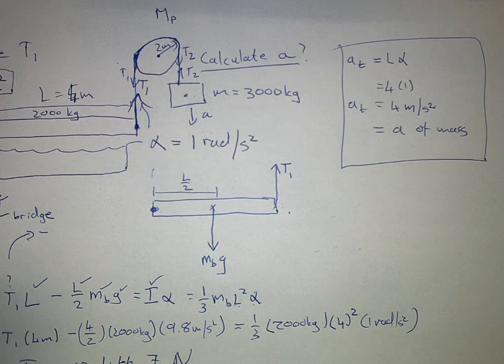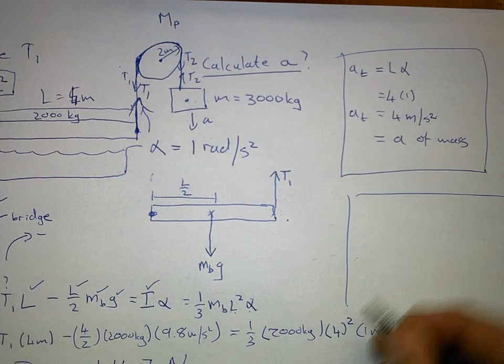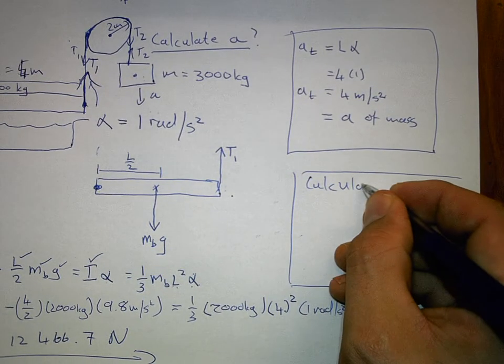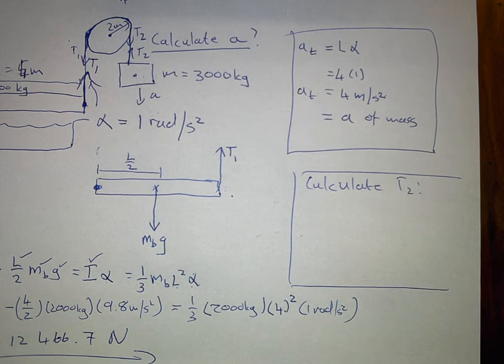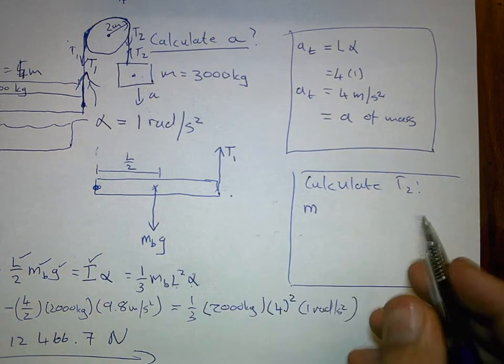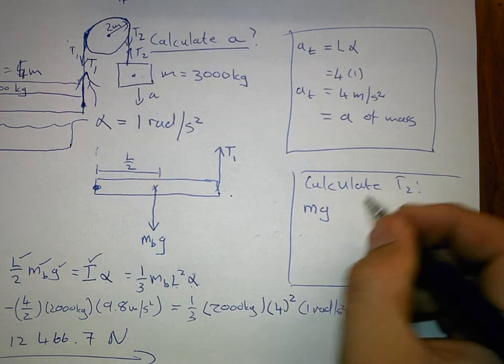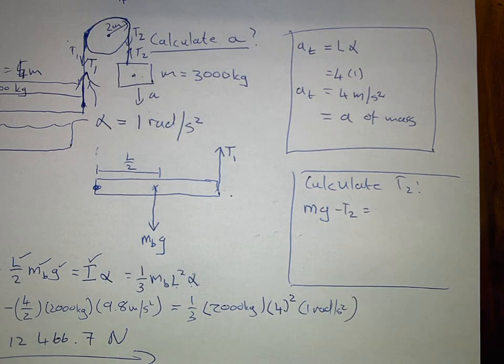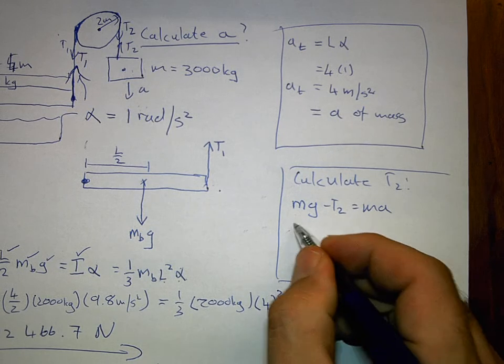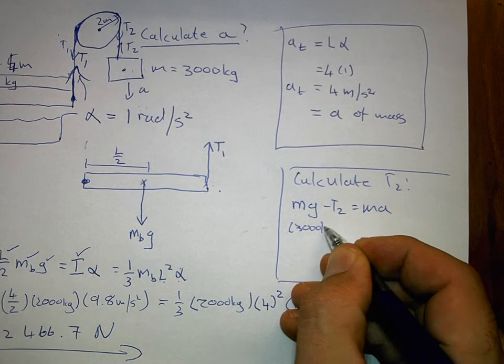So from Newton's second law, if I need to calculate T2, I know that the weight of this mass minus whatever that tension is must be equal to mass times acceleration. I know the mass is 3,000 kilograms.